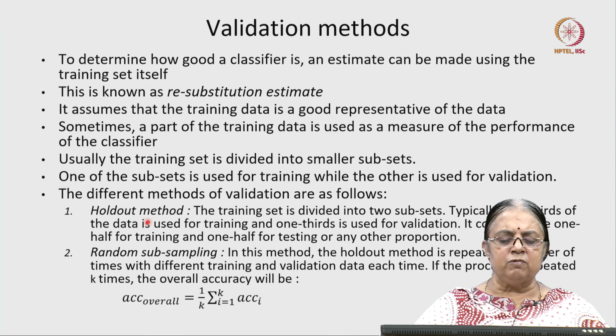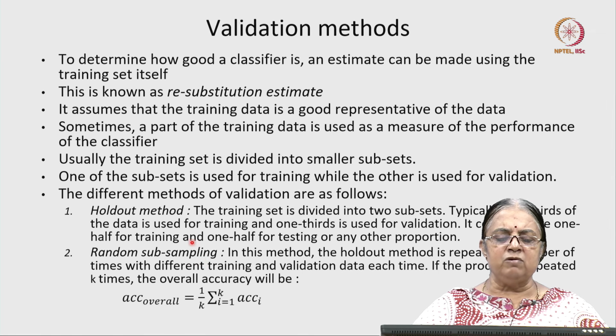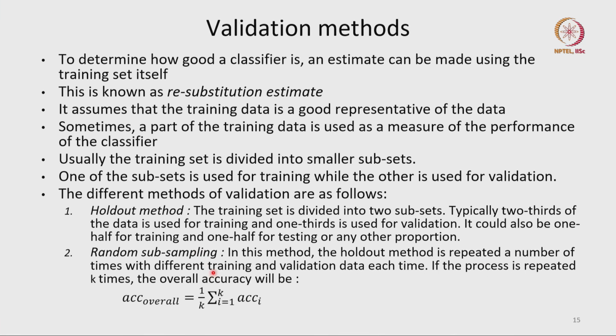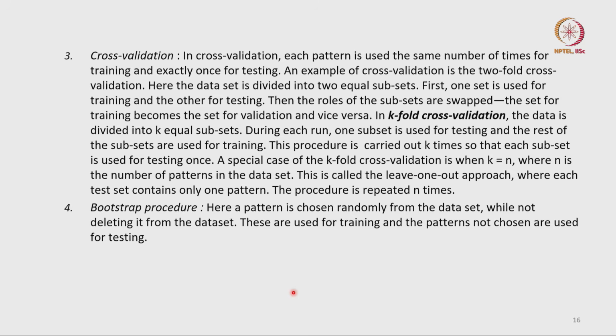The second one is what is called random subsampling. Whatever you have done in the holdout method, you do it a number of times, taking different patterns for training and different patterns for validation. If you do it say k times, then you find the average of these accuracies, and that is what is used.